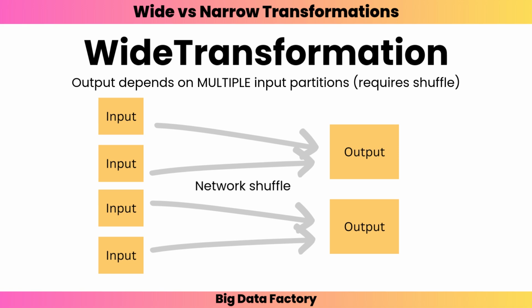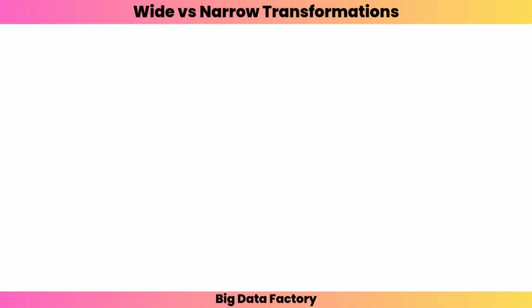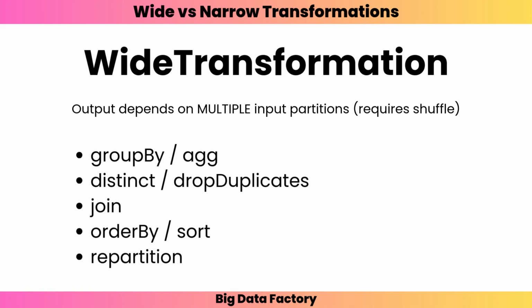In simple words, Spark must move data between executors, so related rows end up together. That moment is the shuffle. Typical wide transformations: groupBy or aggregation, distinct or dropDuplicates, join, orderBy, and repartition. So your mental model can be one line: narrow equals local work, wide equals shuffle.